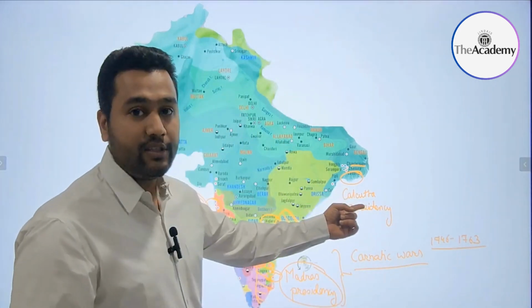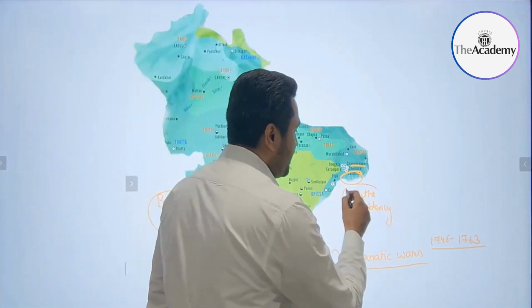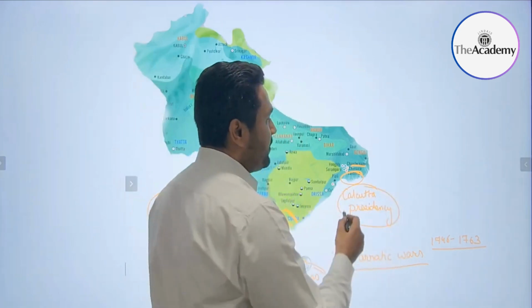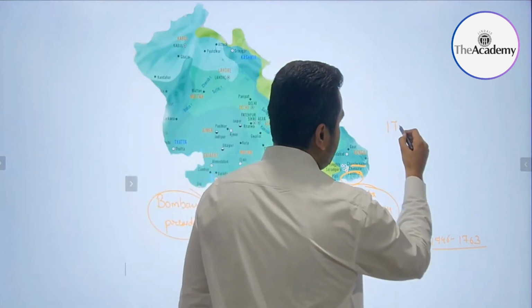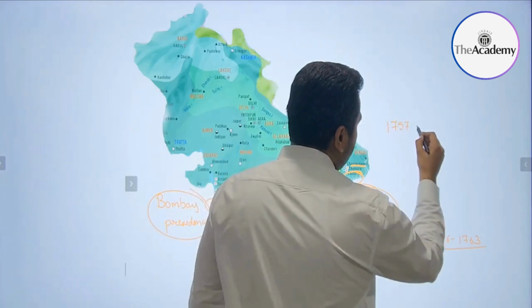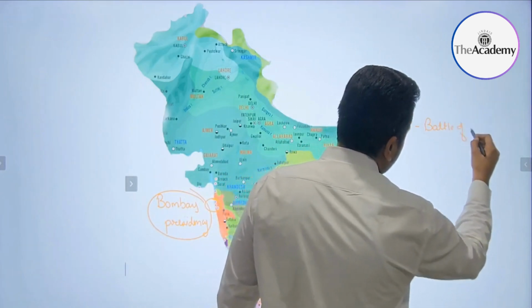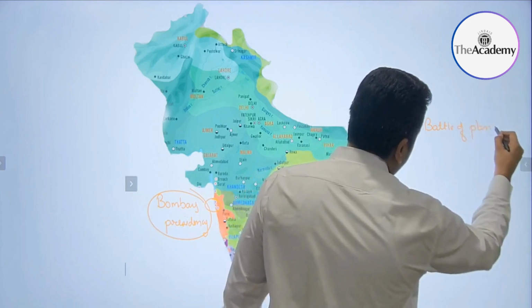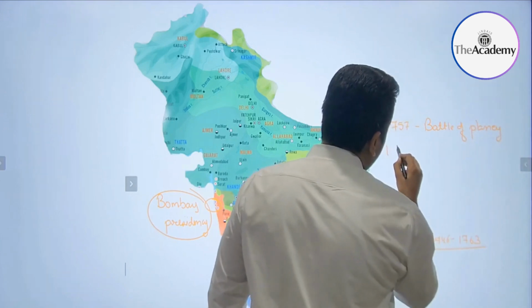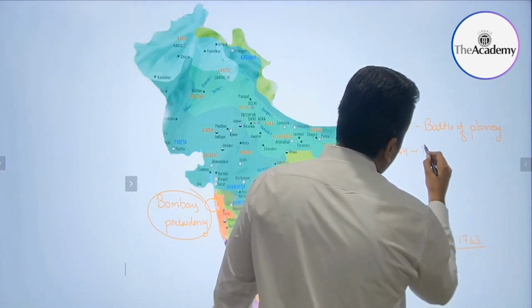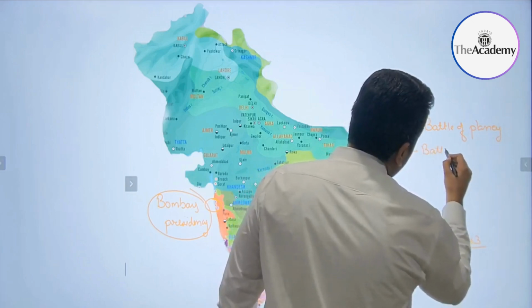But greater success was achieved by the Calcutta Presidency when we see, in 1757, the Battle of Plassey, followed by 1764, the Battle of Buxar.